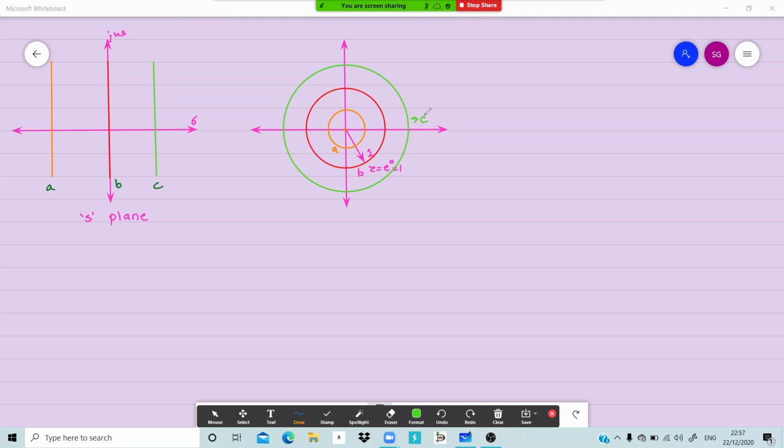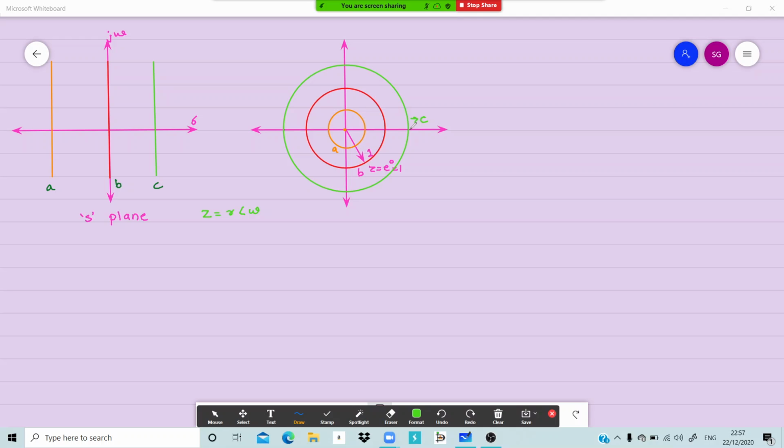Now if we are having a horizontal line, see, now what is happening? Frequency is increasing and decreasing, right? We had seen Z is represented as R at an angle of omega. So here omega is going from 0 to infinity, 0 to minus infinity, and this is in terms of angle.